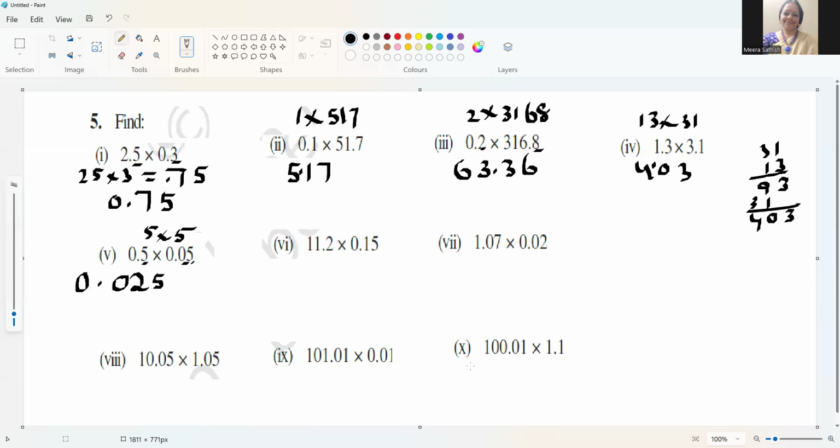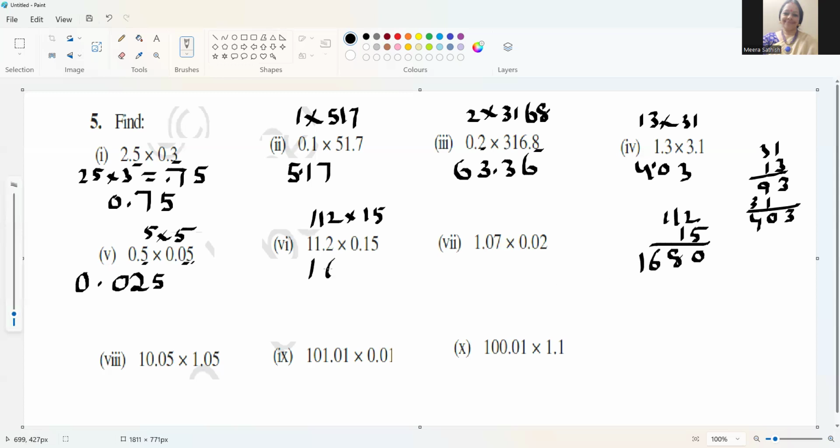Now 11.2 into 0.15. So 112 multiplied with 15. So let us multiply 112 into 15. 15 into 2, 30. 3 carry over. 15 into 1, 15. 15 plus 3, 18. 1 carry over. 15 into 1, 15. 15 plus 1, 16.